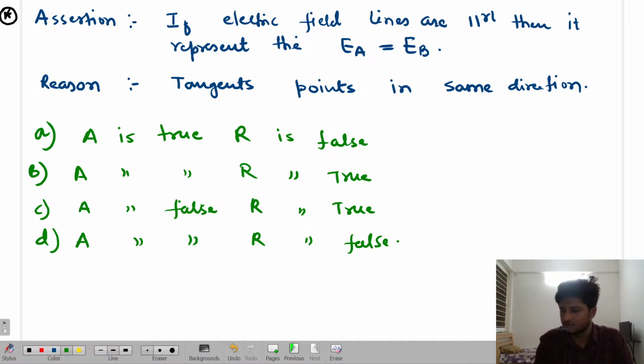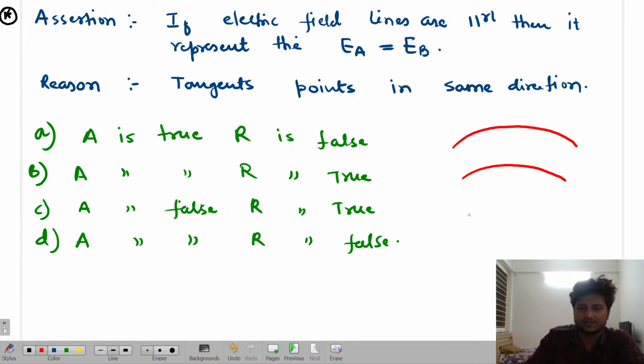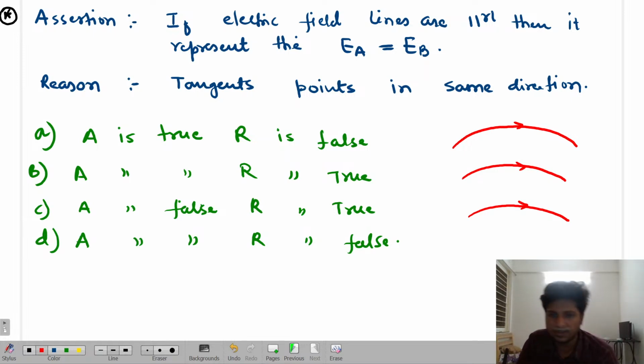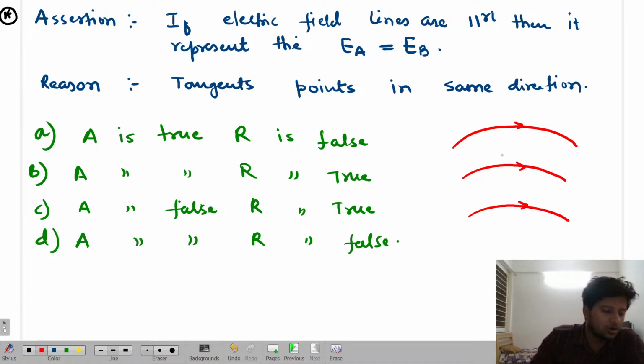Both are true. Confirm. So there comes an exception. See this. Let's suppose I have these as field lines, which you can see are not parallel, but the gap between each field line is totally constant.